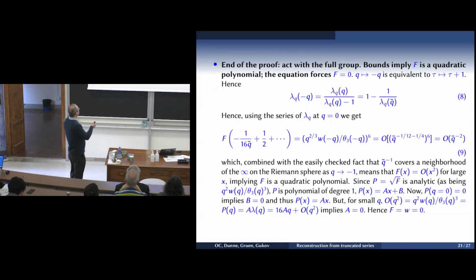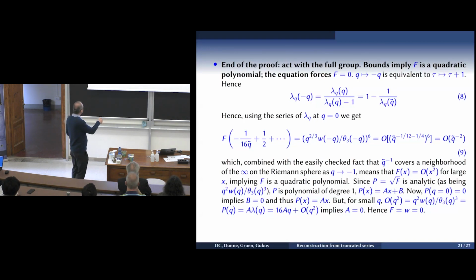So all right. The way to examine growth now is to apply the other transformation of SL(2,Z), tau into tau plus 1, which transforms Q into negative Q. Lambda becomes 1 minus 1 over lambda. In the unit disk, lambda at 0 behaves like Q. So this one behaves like 1 over Q. And if I plug it in, I have F of 1 over Q, essentially.